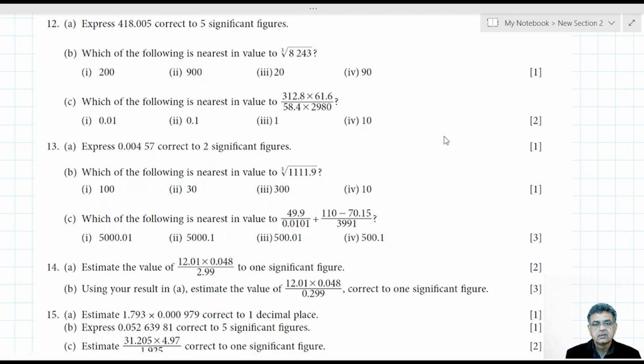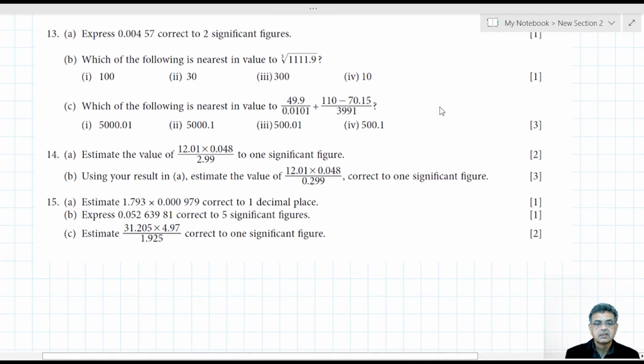Actually, the spirit of O-level is that the more practice you do by yourself, the more fruitful it is. Otherwise, it is not a problem to solve all these questions, but you should make an effort by yourself so that you are more confident that you can do them. So these are the questions. You must try them.